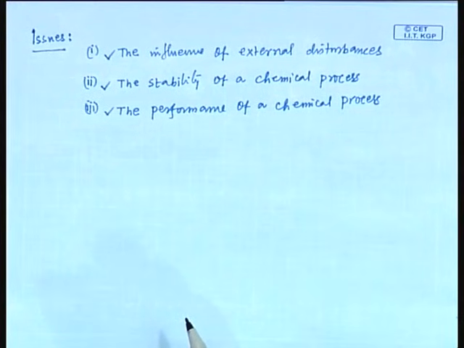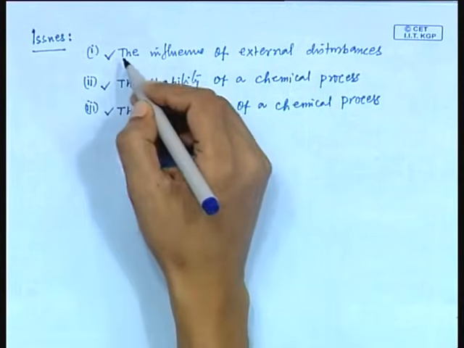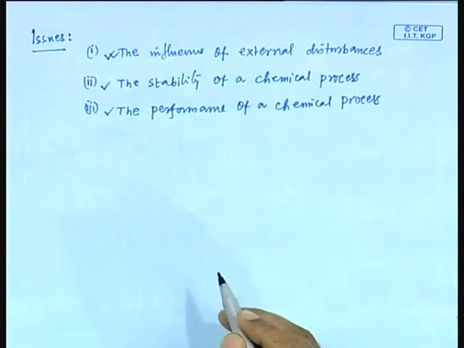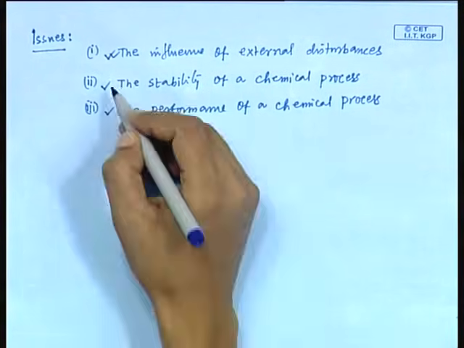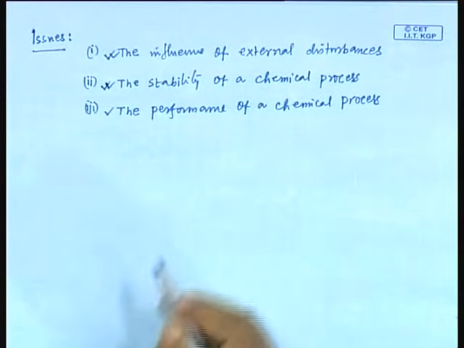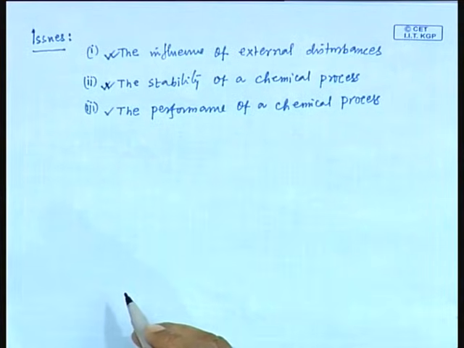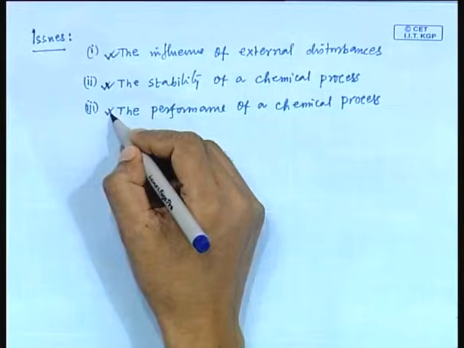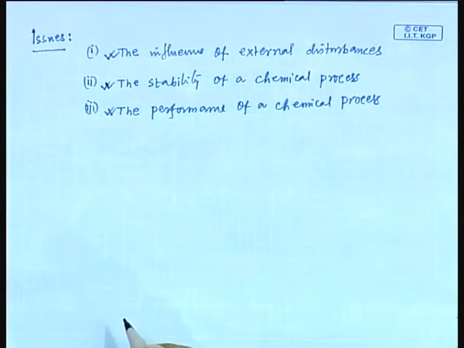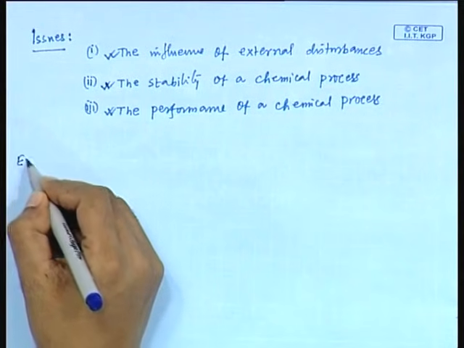So we need to devise a control system which suppresses the influence of external disturbances, ensures the stability of a chemical process, and can optimize the performance of a chemical process. We will discuss all these three issues in brief with the help of control system. So first we will discuss the external disturbance.